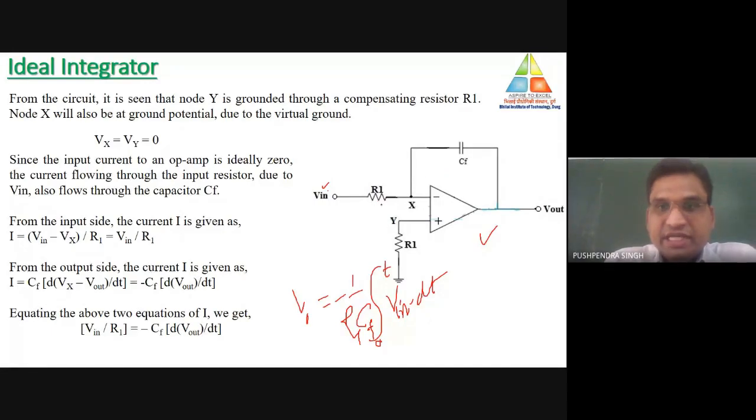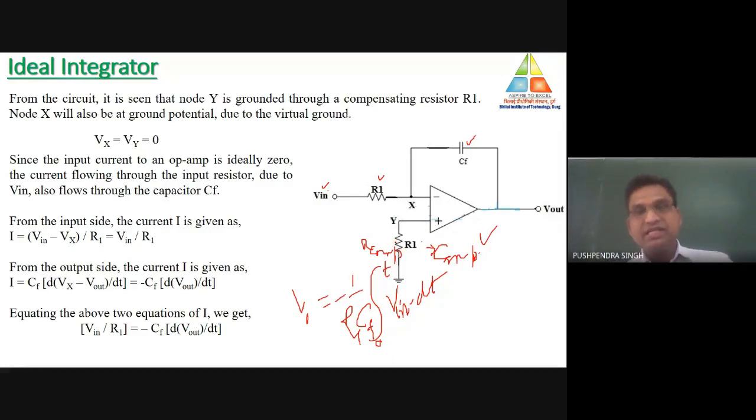R1 is the input resistance to the circuit, CF is the feedback element, and this other resistor is called the compensation resistance, RCOMP, and its value is approximately equal to the value of R1, the input resistance. So these are three components, actually four components including the operational amplifier.